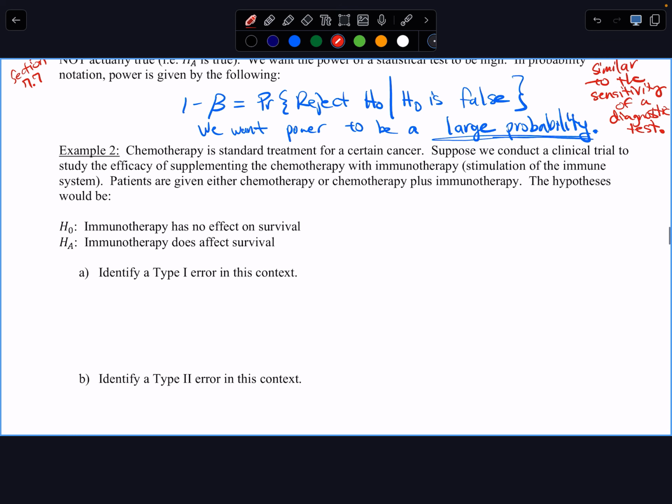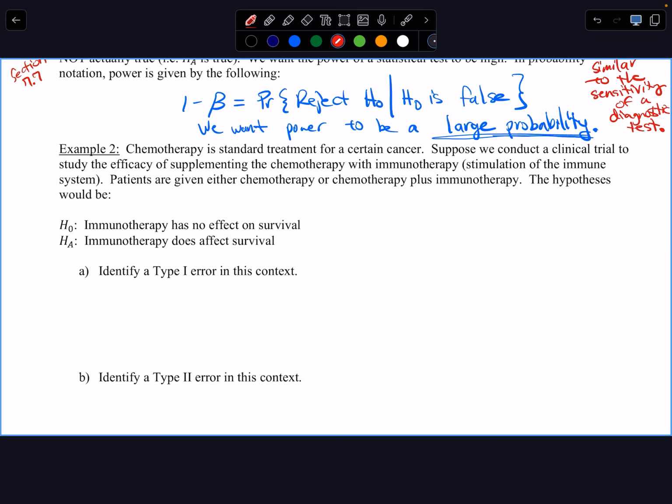I have an example here where we have a study that's conducted on cancer treatments. As we probably all are aware, chemotherapy is a standard treatment for a certain cancer. Suppose we conduct a clinical trial to study the efficacy of supplementing chemotherapy with immunotherapy, which is the stimulation of the immune system.